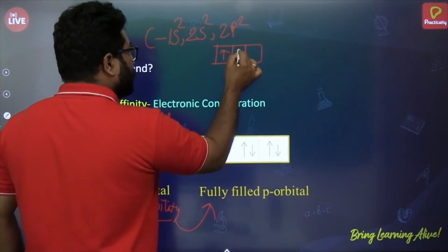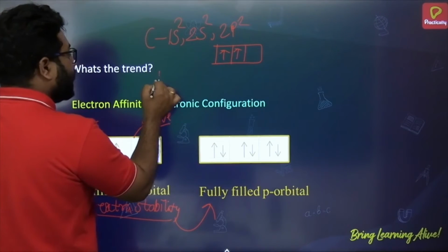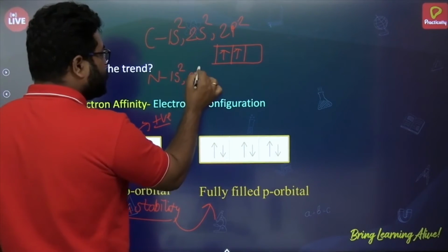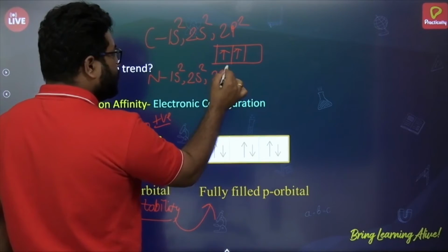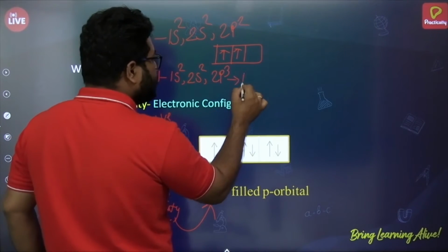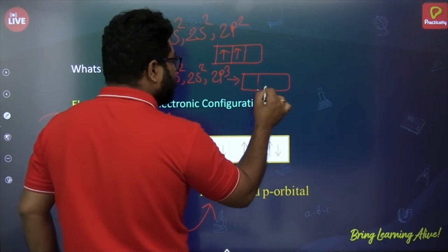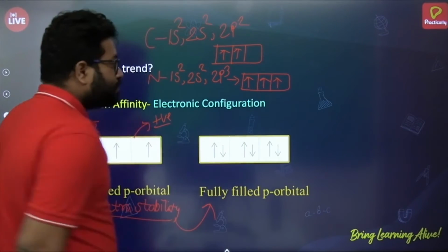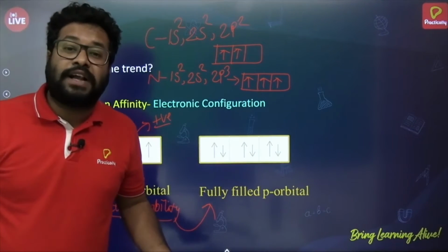And if I write nitrogen, it would be 1s2, 2s2 and 2p3. So you can see here nitrogen is already having a half filled p orbital.